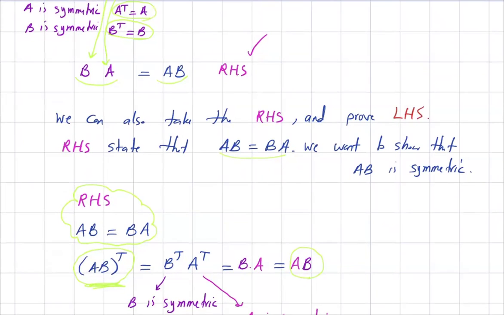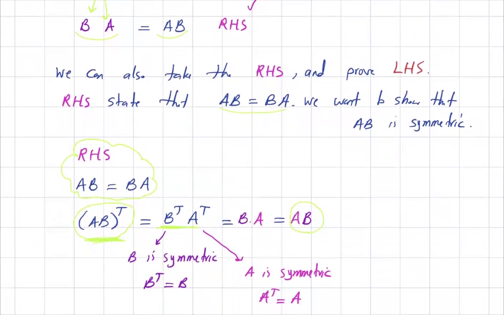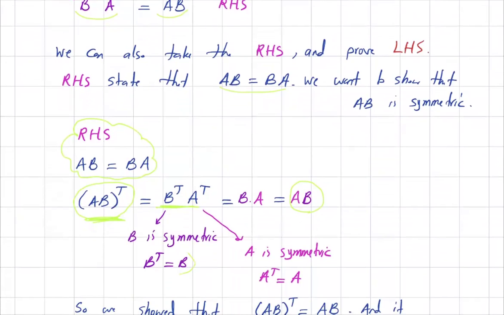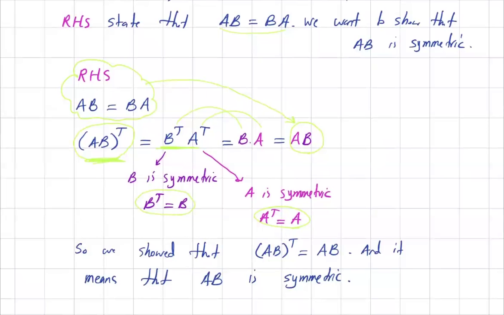Based on the properties of the transpose, it is the transpose of B times the transpose of A. But at the same time, since B is symmetric, the transpose of B is equal to B. And since A is symmetric, the transpose of A is equal to A. Just substitute them. So here you get B times A, but because of the right-hand side properties, you can write it as A times B. Well, the transpose of AB is equal to AB itself. What's the meaning of that? It means that A times B is a symmetric matrix, and we are done.